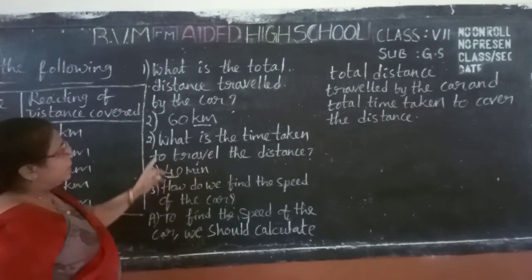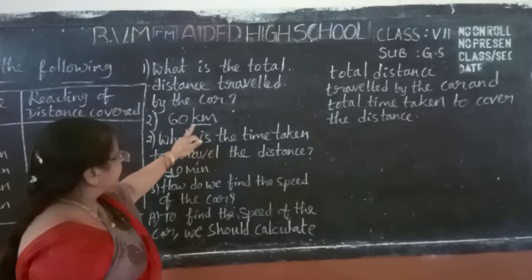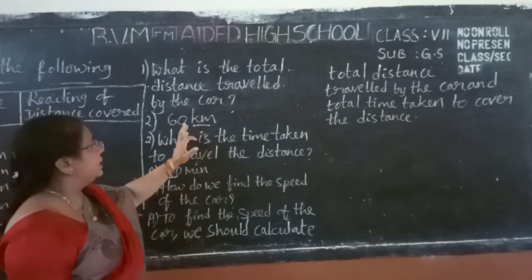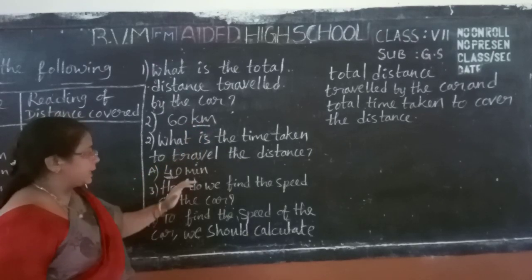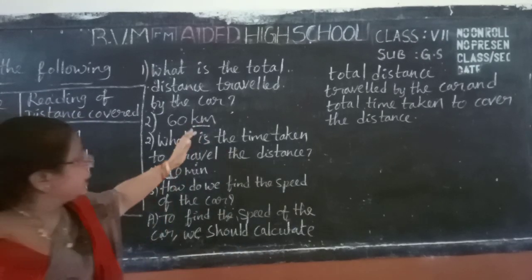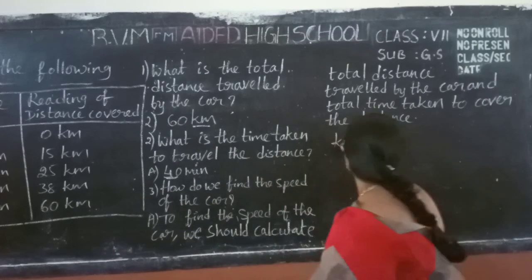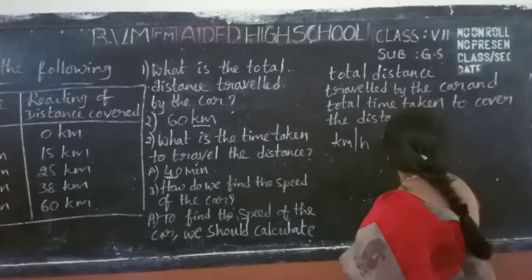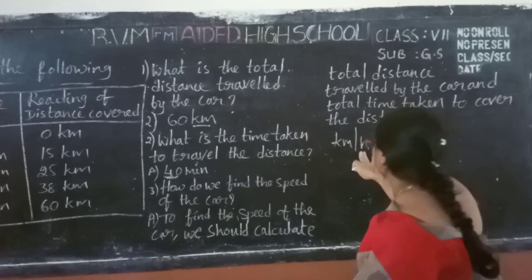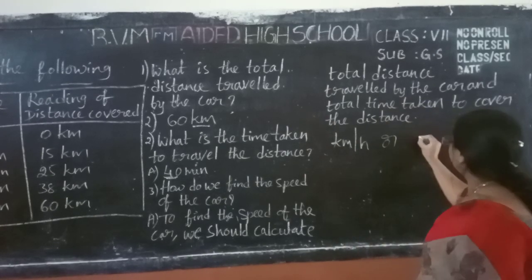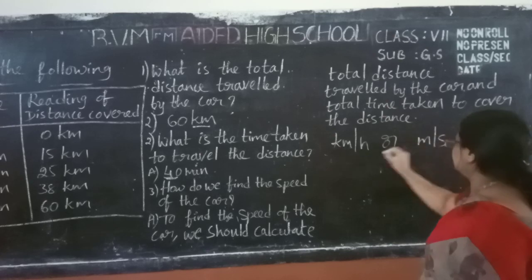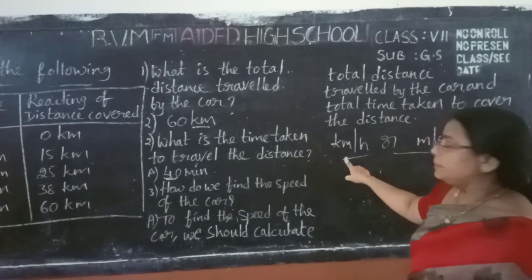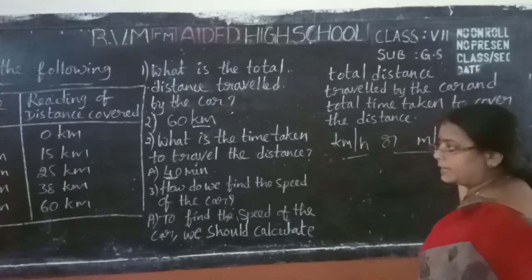Have you observed? To express the speed of a vehicle, we have to express it in kilometers per hour or meters per second.